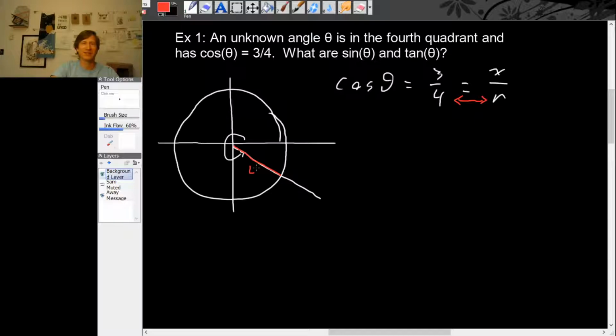So let's make this circle radius 4. And that means that our x-coordinate is going to have to be 3. So that's the x-coordinate, this distance right here. So that's going to be 3.